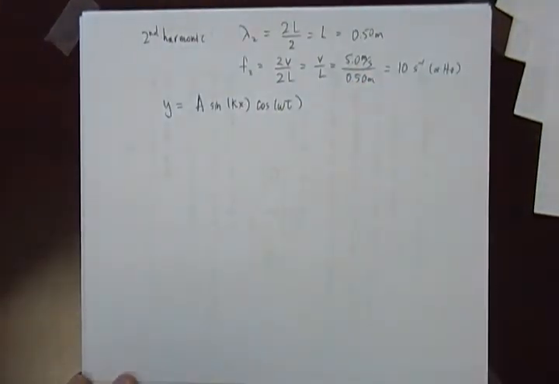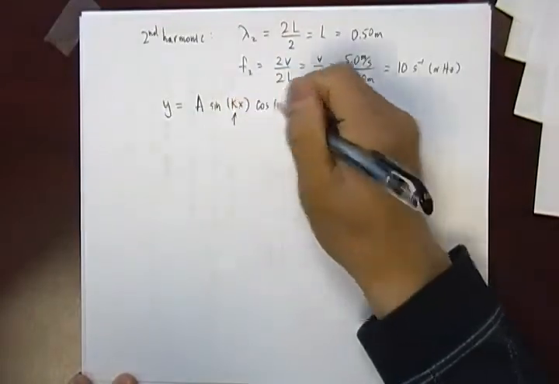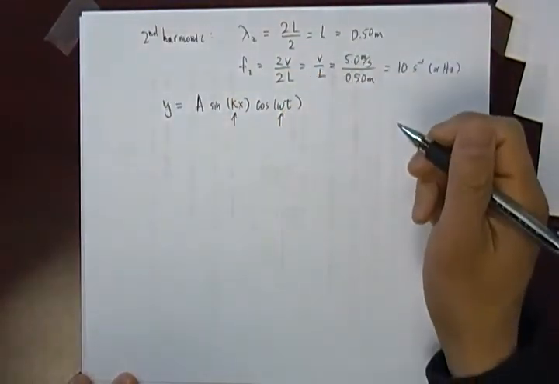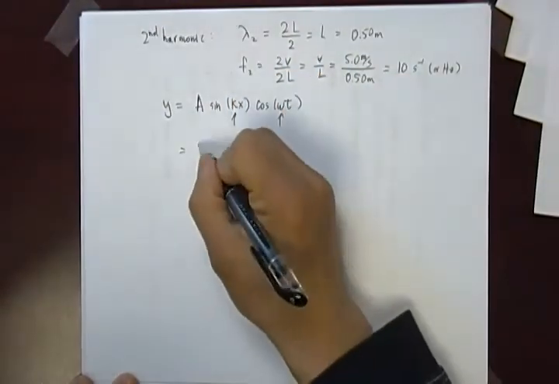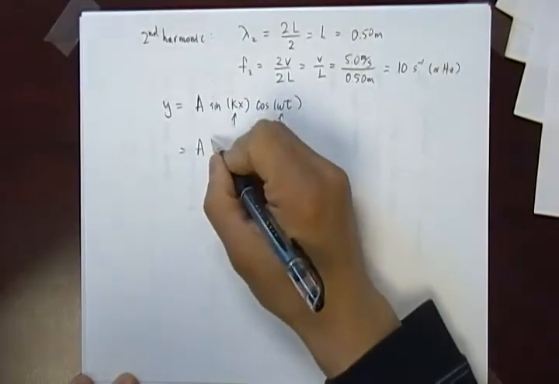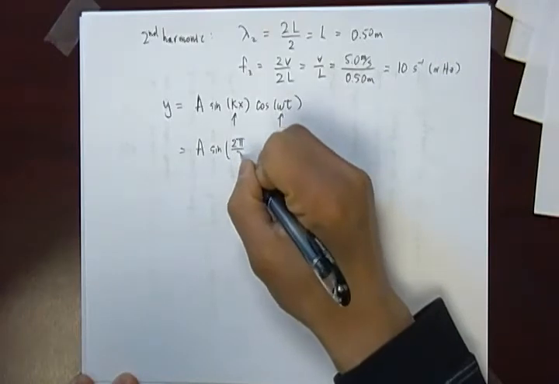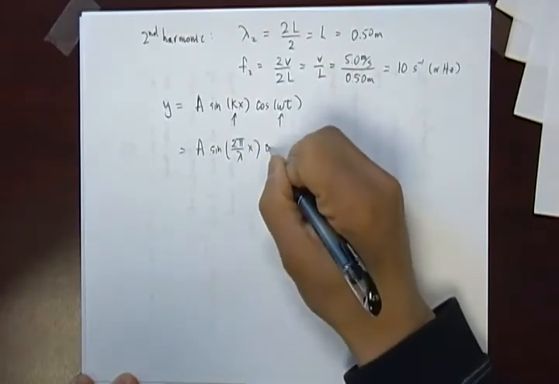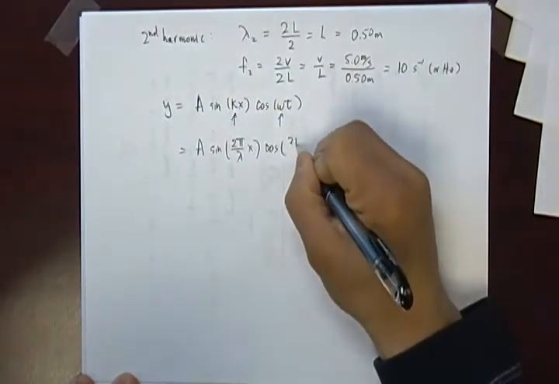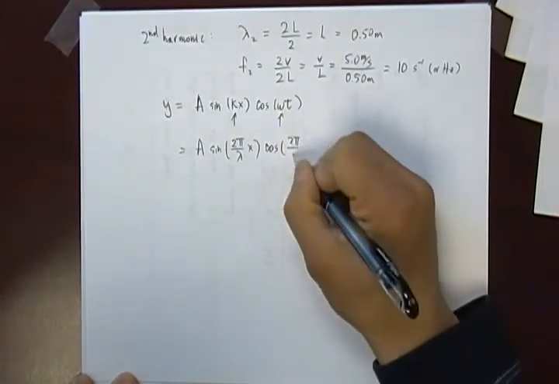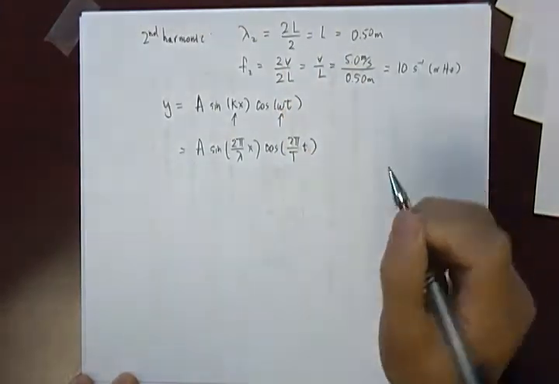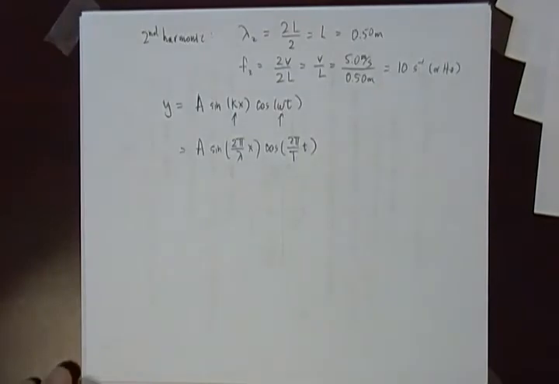But I need k and I need omega. One way to do that is just plug in the formulas for k, that's 2 pi divided by the wavelength, and omega is 2 pi over the period. In fact, we did that on Friday.